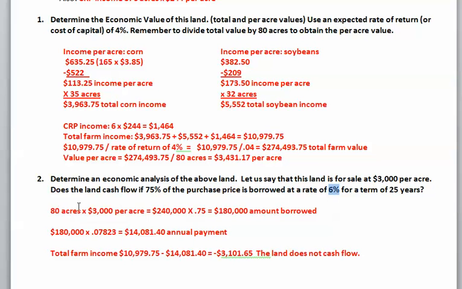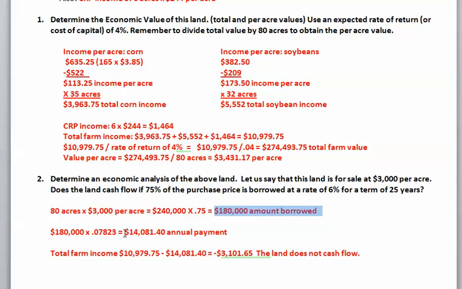Well, we take the total cost of the farm, 80 acres times $3,000 an acre. That's $240,000 total price. Times 75% gives us $180,000 borrowed. We take the amount borrowed times the chart number, which we've learned about in previous units. That was the 6%, 25 years amortization factor off that chart, which is 0.07823.